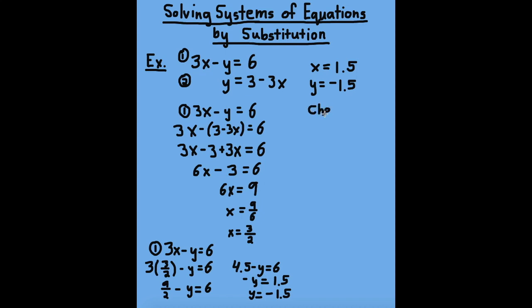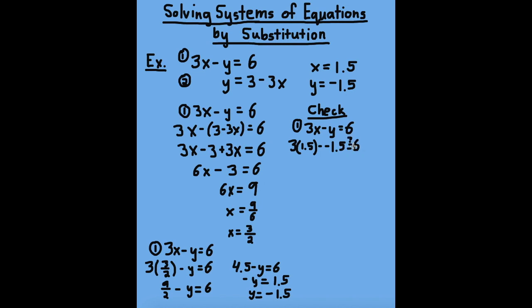So let's check our work. We will plug x equals 1.5 and y equals negative 1.5 back into equations 1 and 2. So equation 1 is 3x minus y equals 6. When we plug x equals 1.5 and y equals negative 1.5 in it, we get 3 times 1.5 minus negative 1.5 equals 6.